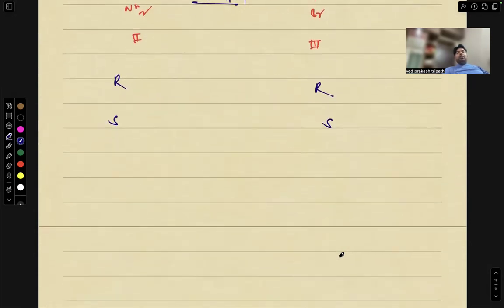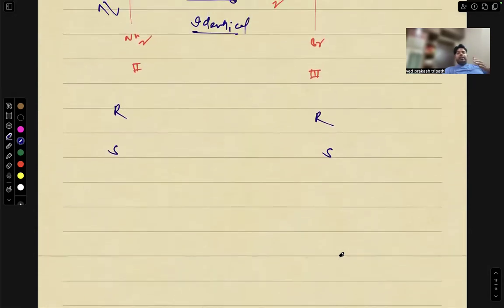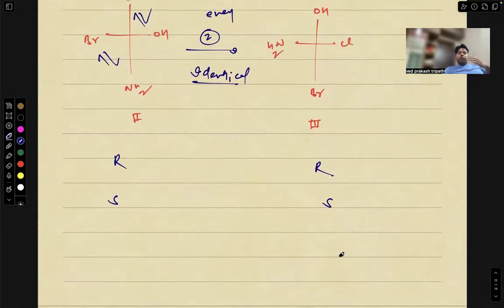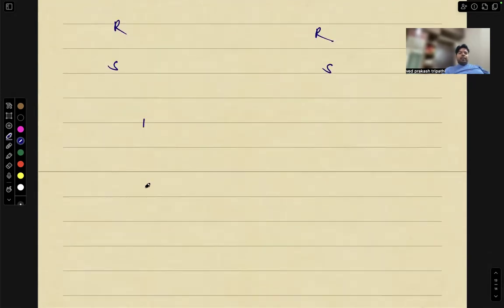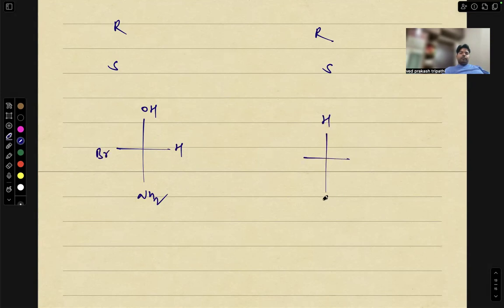Sometimes the exchange is not so easy, like we can directly compare the groups, but sometimes it's like that. Look at this example. You can see here the direct exchange is not there.